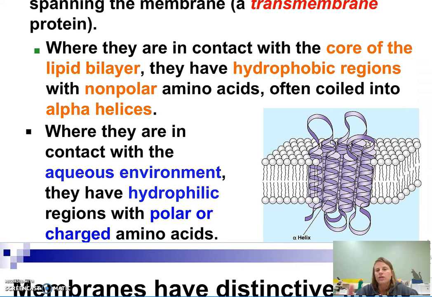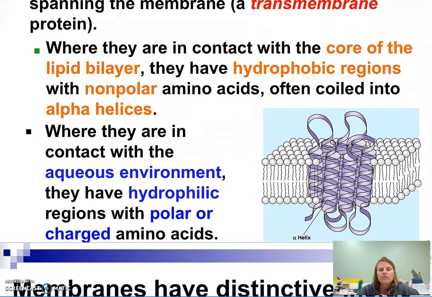So there'll be regions that are in touch with the extracellular fluid, regions that are in touch with the phospholipid tails, and regions that are in contact with the cytosol, where the core of the lipid bilayer would be in contact with the hydrophobic regions of the membrane protein, with nonpolar amino acids usually coiled into alpha helices.